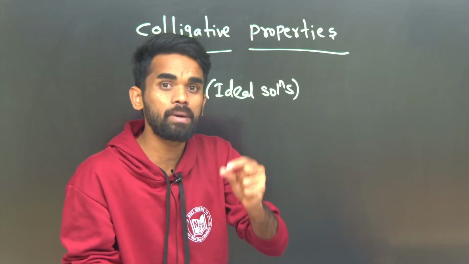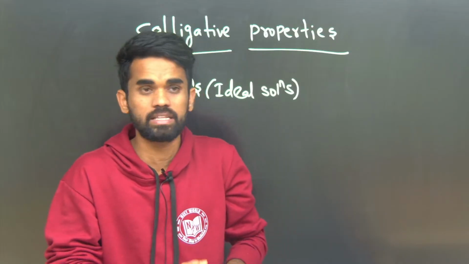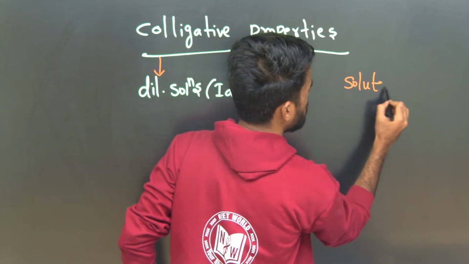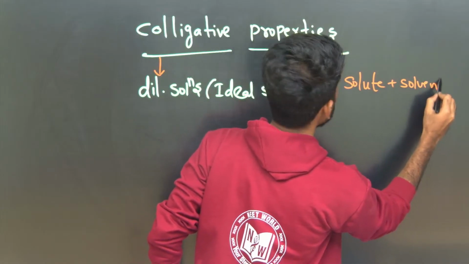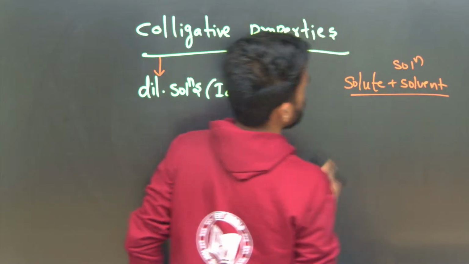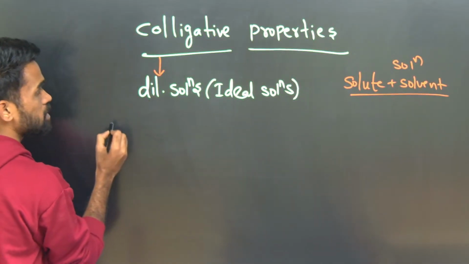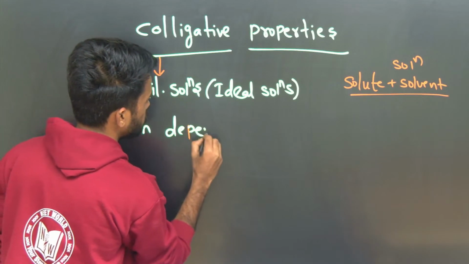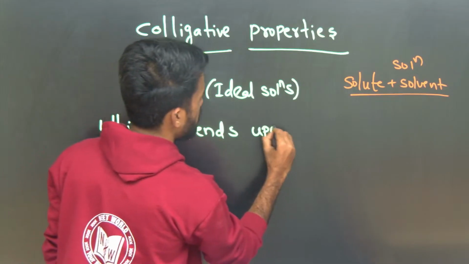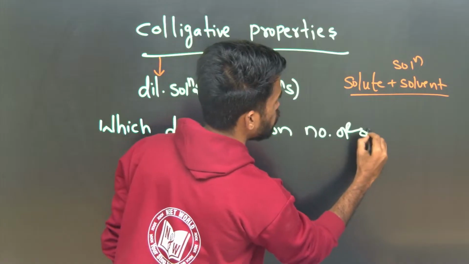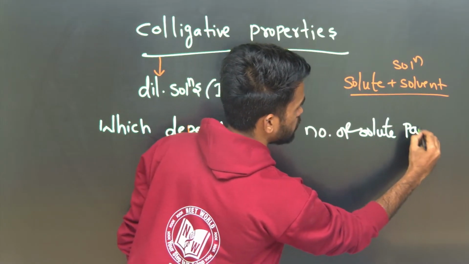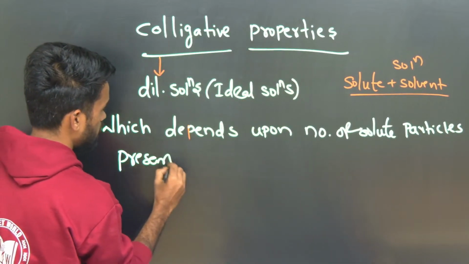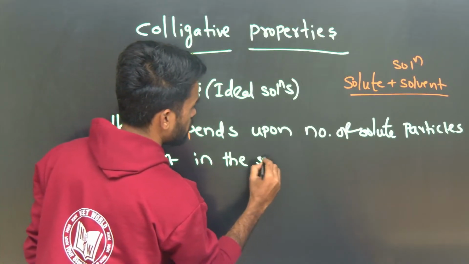These properties depend upon the number of solute particles present in the solution. We know a solution is made up of two components, I mean two parts. One is solute, the other one is solvent. So colligative properties are the properties which depend on the number of solute particles present in the solution, but not on their nature.